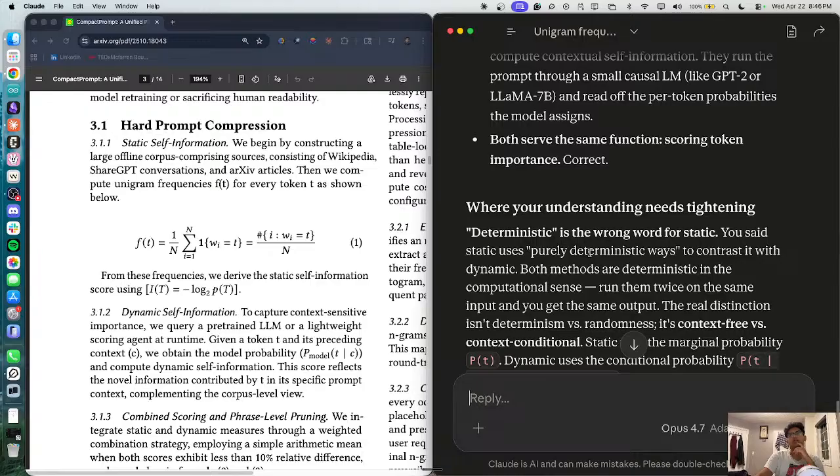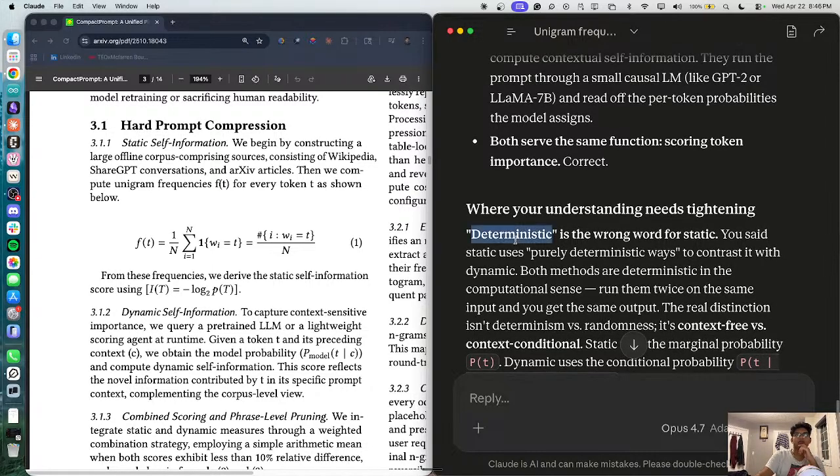Where your understanding needs tightening. Deterministic is the wrong word for static. You said static uses purely deterministic ways in contrast with dynamic. Both methods are deterministic in the computational sense. Run them twice on the same input and you get the same output. Okay, yeah. So I guess I was just throwing around a buzzword, if I'm being honest. Yeah, that makes sense though. Deterministic is when you have a workflow or a piece of software which always produces the same output, given that you provided the same input over and over again.